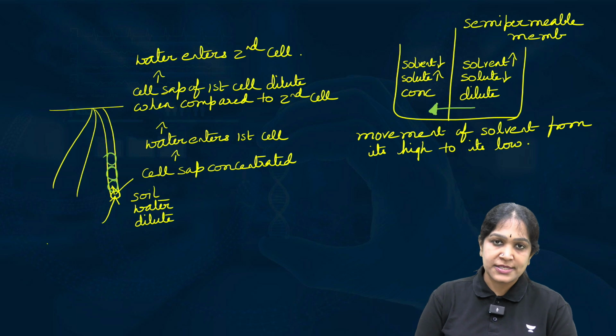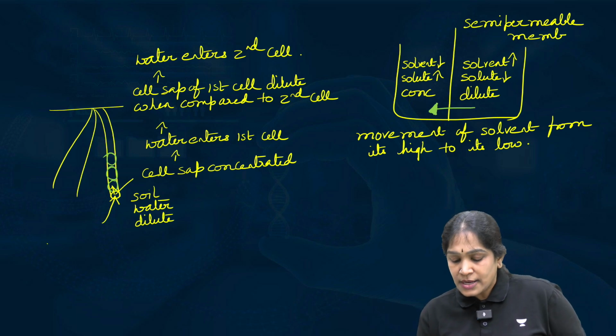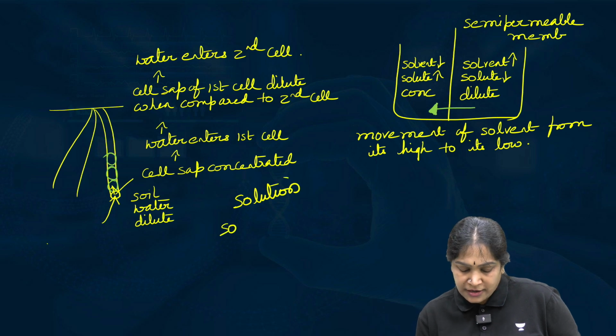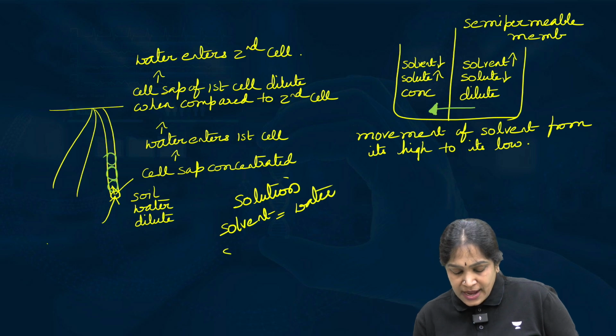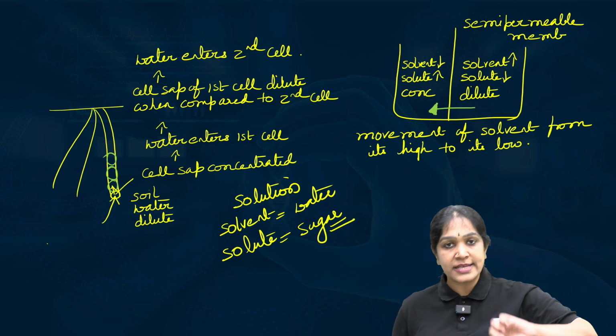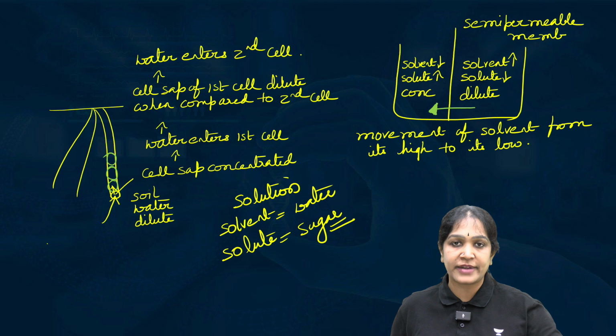What is osmosis? You all know a solution will contain two components, solvent, for example water, and solute, for example sugar. So in sugar water, sugar is the solute and water is the solvent.